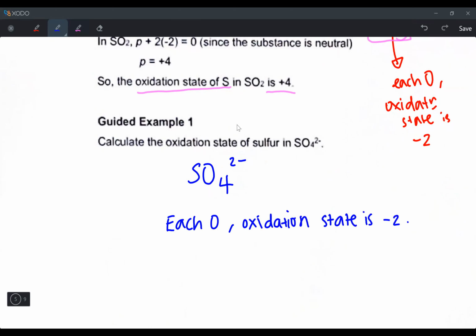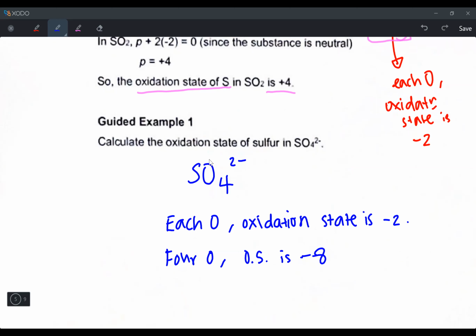So if I have 4 oxygens, the total oxidation state, OS meaning oxidation state, for oxygen is -8, because you times 4.